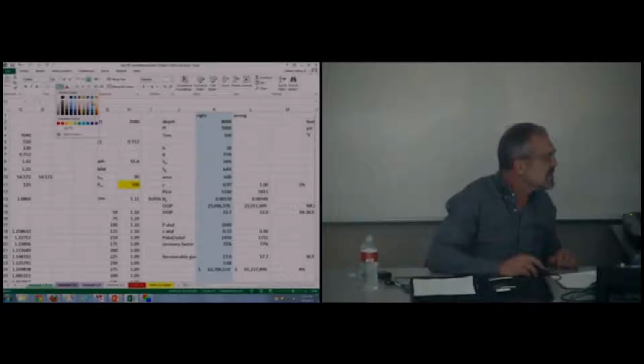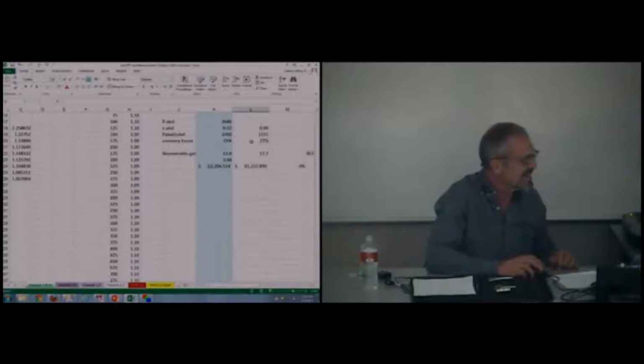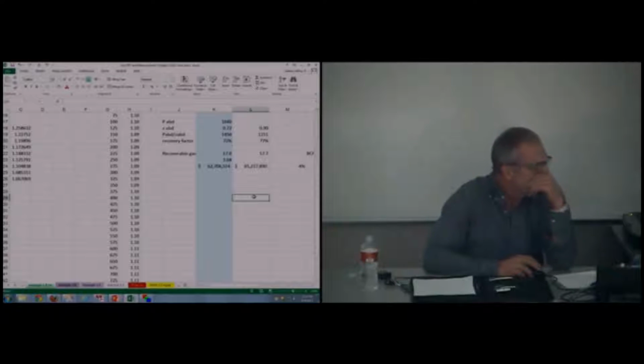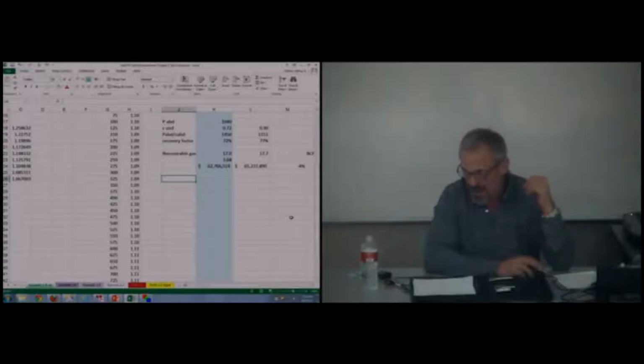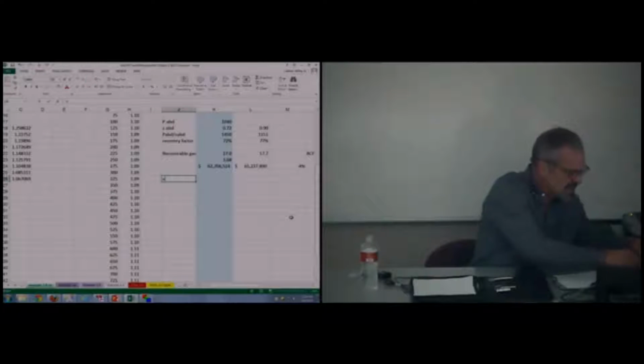Don't be afraid to correct me as I go along. Okay. Let's look at some other things here that we haven't looked at. Let's look at viscosity. And let's look at compressibility.